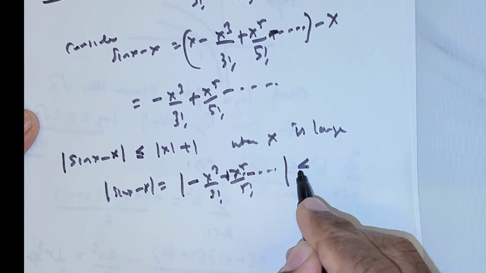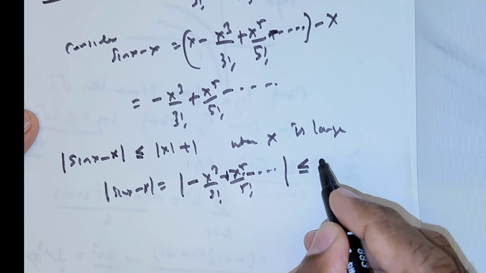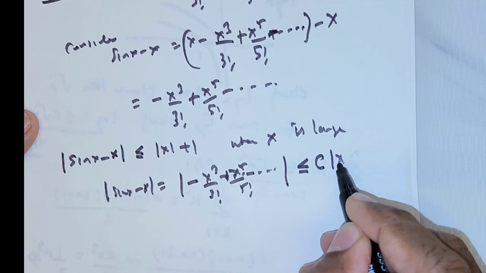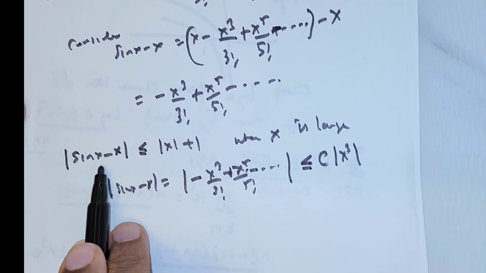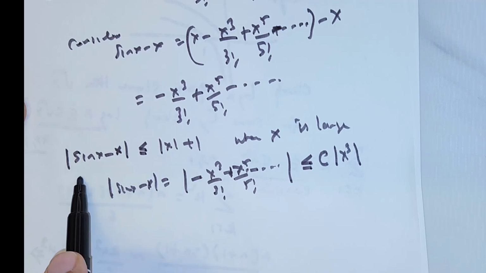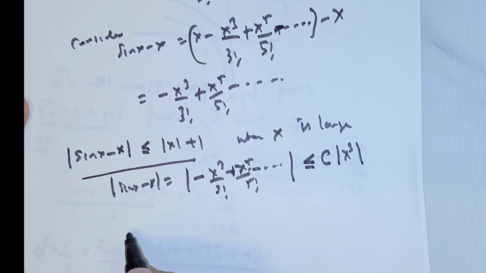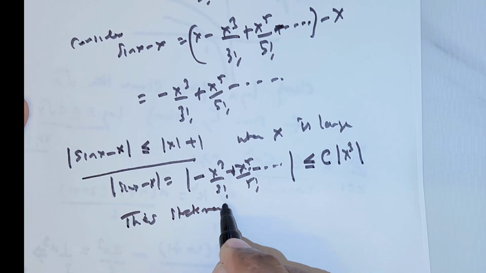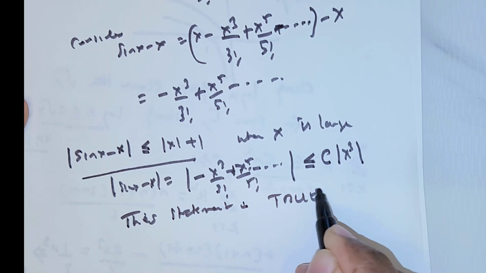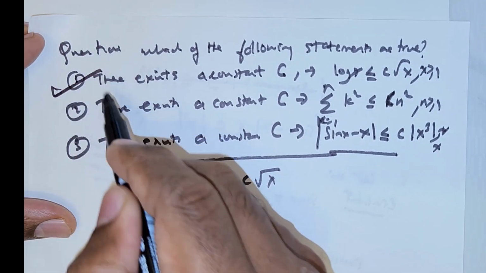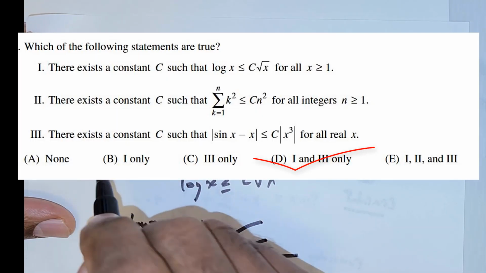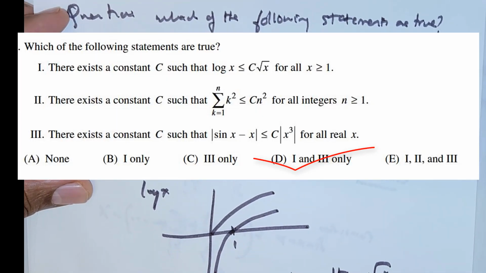Now this one is definitely going to be less than or equal to some c times modulus of x cubed, based on the fact that modulus of sin x minus x is less than or equal to modulus of x plus 1. So this means this statement is true. So what statements are true thus far? Statement 1 is true, statement 3 is true. Okay, so that answers this question. Let's move on.